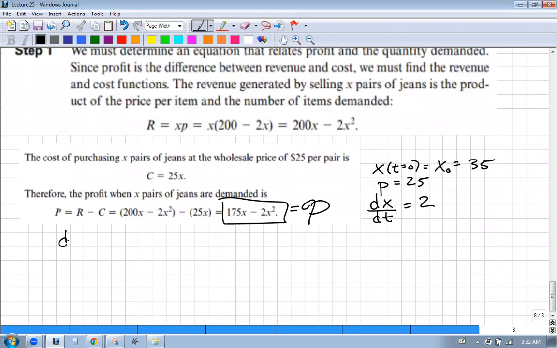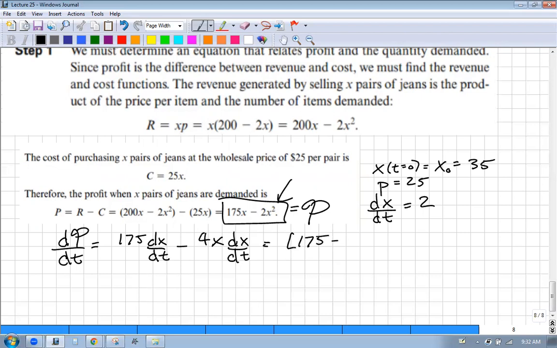They want to know what dp dt is. Well, take the derivative of that stuff. So this would be a 175 dx dt, 2 times 2 is 4x dx dt. Which, if you wanted to, we could factor out this dx dt. This would be 175 minus 4x times dx dt.